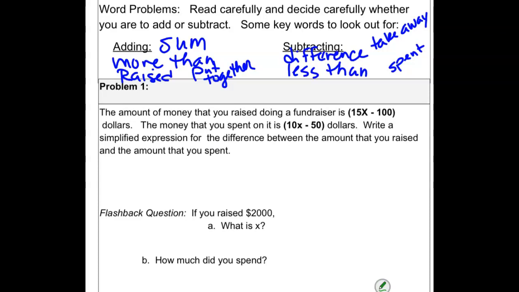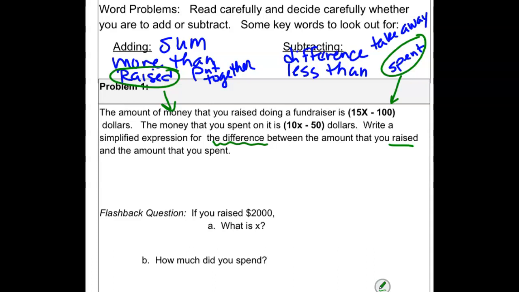Okay, so in this case, the word difference is telling you that we're subtracting, right? The amount raised means something that we gained, the money we gained in the fundraiser, as opposed to how much we spent. So I am going to caution you that in this context, when we talk about raised and spent, raised is how much we made, spent is how much we're spending, the stuff we're taking away.